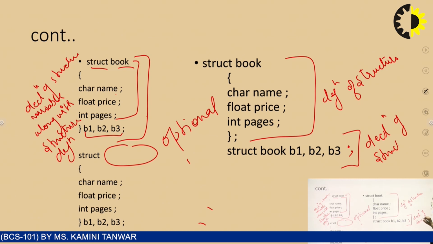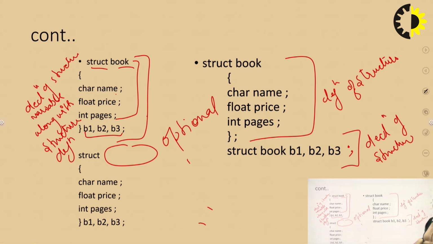In this case, you are separately defining and separately declaring the variable. So these are the three types in which you can easily declare or define the structure variable.